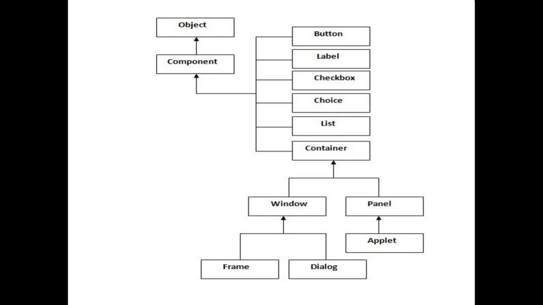And if you are using an applet, then Applet is a subclass of Panel, and Panel is a container. That's all about the class hierarchy of various components of Abstract Window Toolkit or AWT.